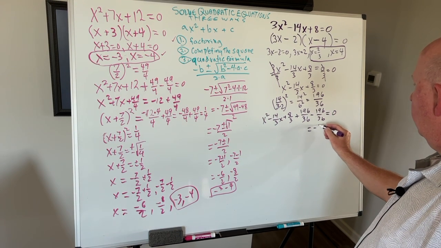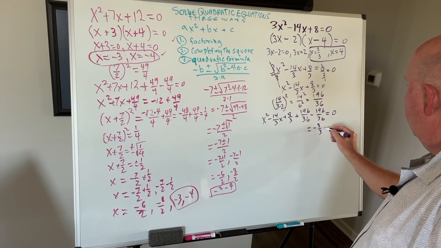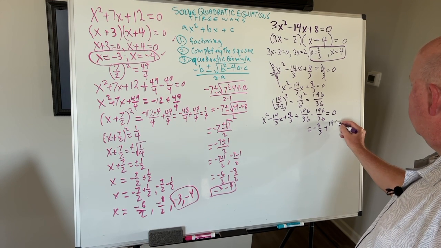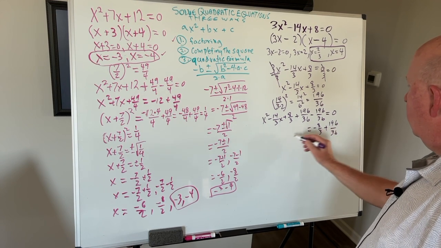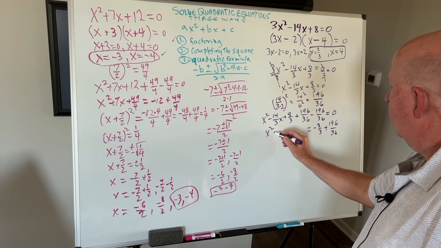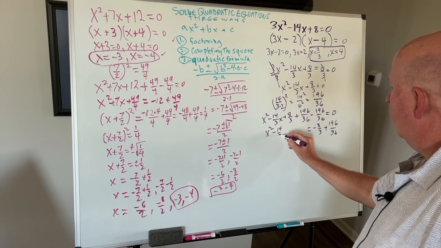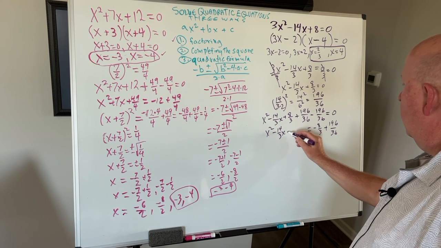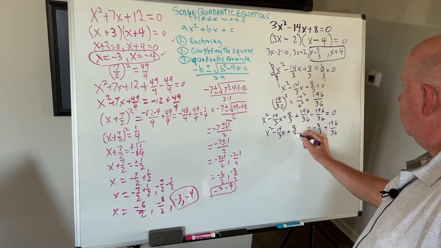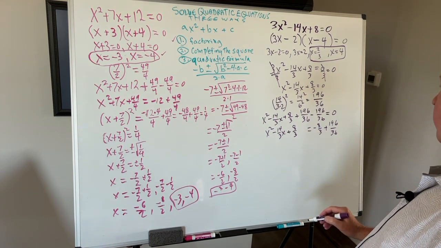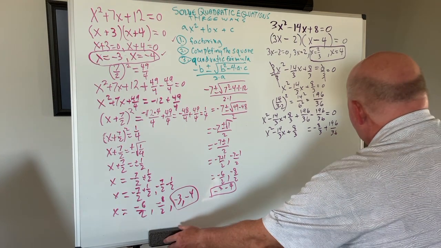So I'm going to get negative 8/3 plus 196/36, and I'm going to have x squared minus 14/3 x plus 8/3 on this side. Oh, no, that's not right.